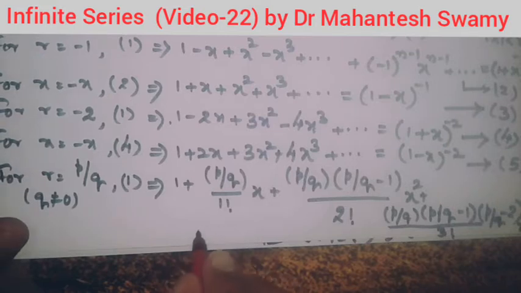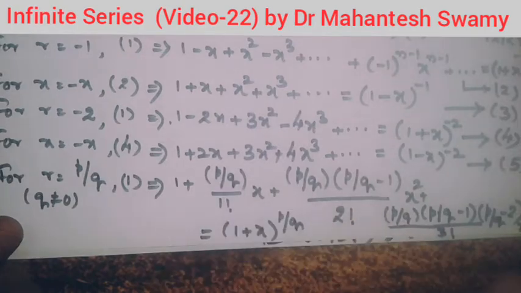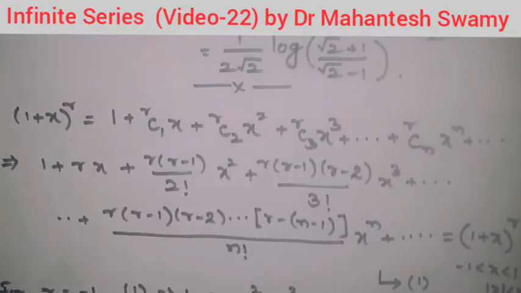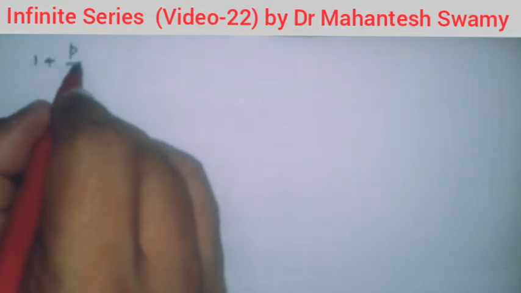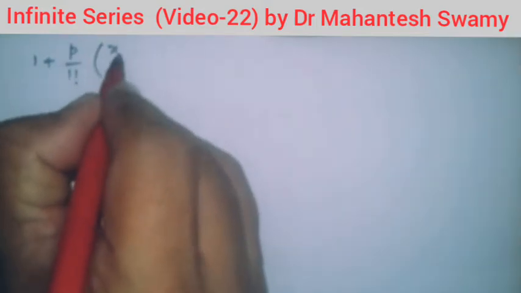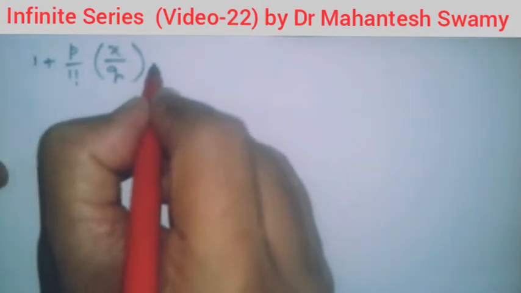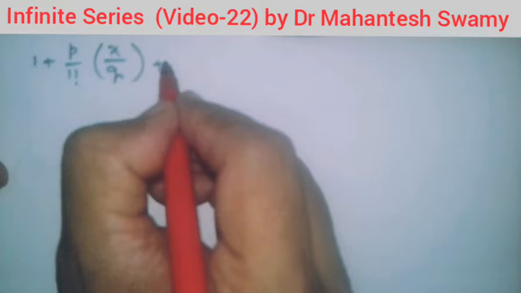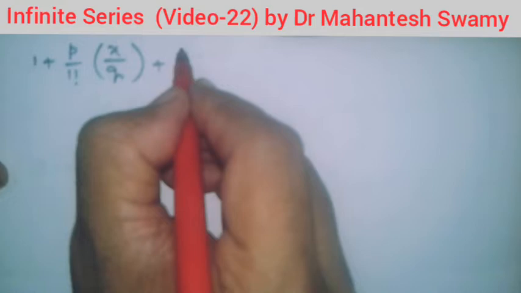And on the RHS we will be having 1 plus x whole to the power of p by q. So this is the RHS of this series. Now if we simplify this, we are going to get 1 plus p by 1 factorial into bracket x by q, where q is taken in the denominator of x. Plus, let us take LCM in the bracket p by q minus 1, so that results in the form p minus q divided by q.